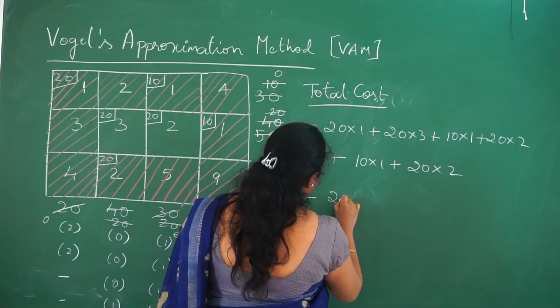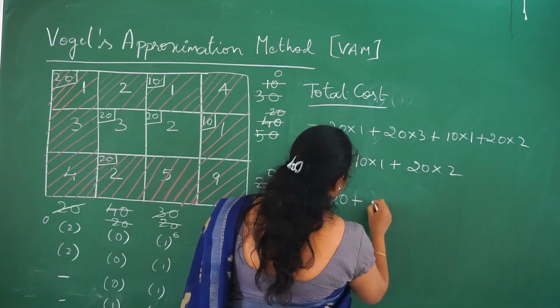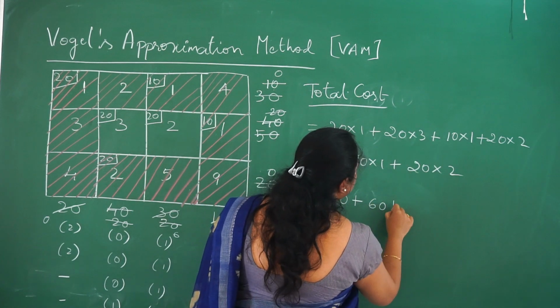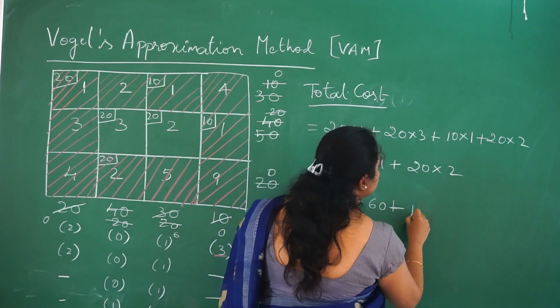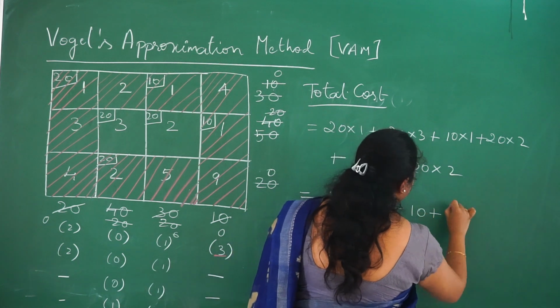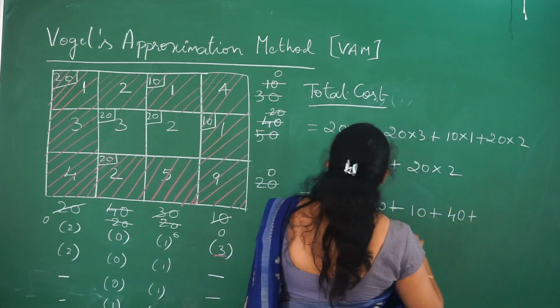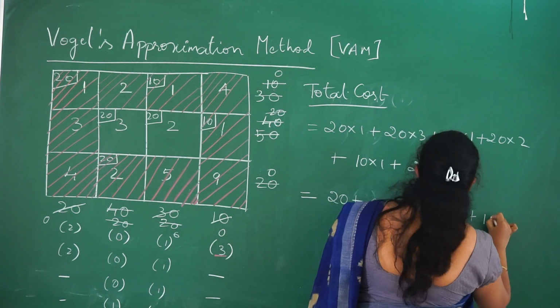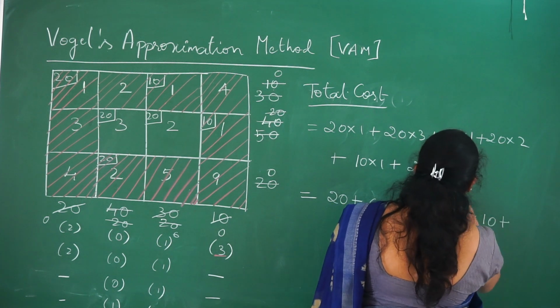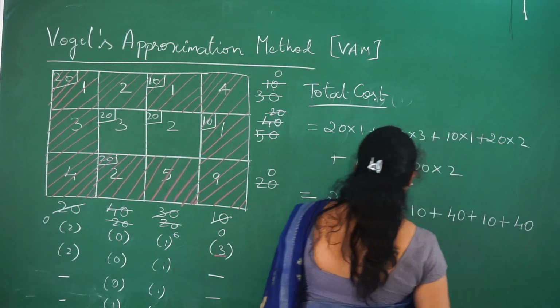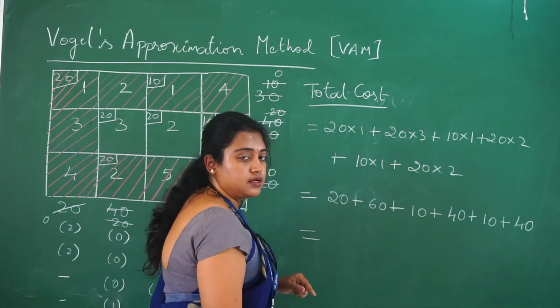So 20 into 1 is 20 plus 20 into 3 is 60 plus 10 into 1 is 10 plus 20 into 2 is 40 plus 10 into 1 is 10 plus 20 into 2 is 40. Okay. So we will find what is the total cost.